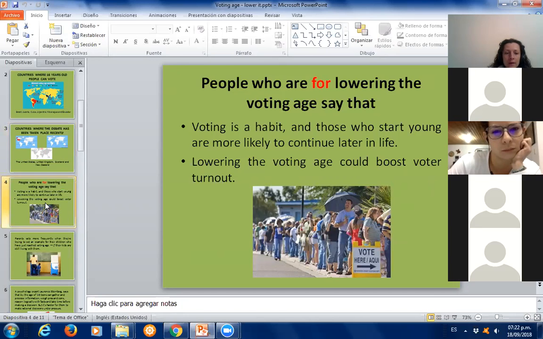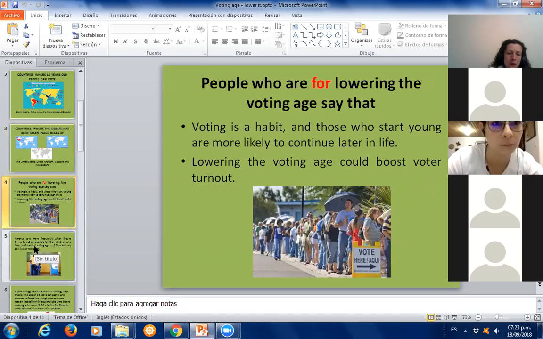What happens is that democracy is not in fashion anymore, let's say it in that way. More and more people think that it doesn't work, so there are fewer voters every year. So one reason why politicians want to lower that voting age is because they need more voters. They need to boost the voter turnout.